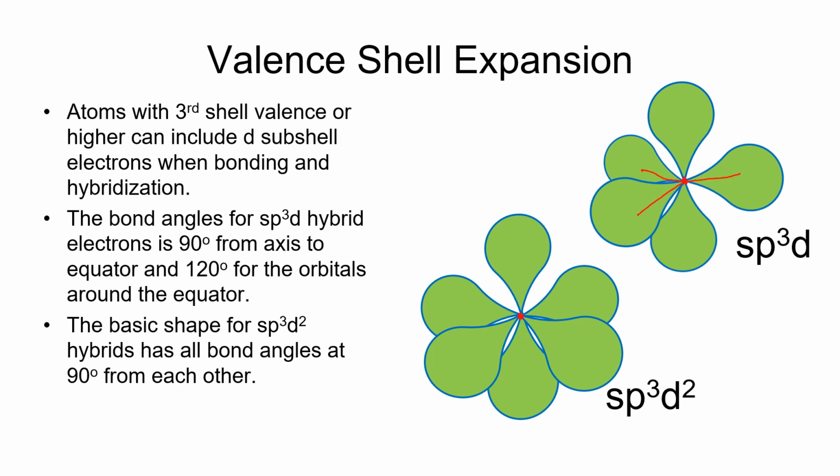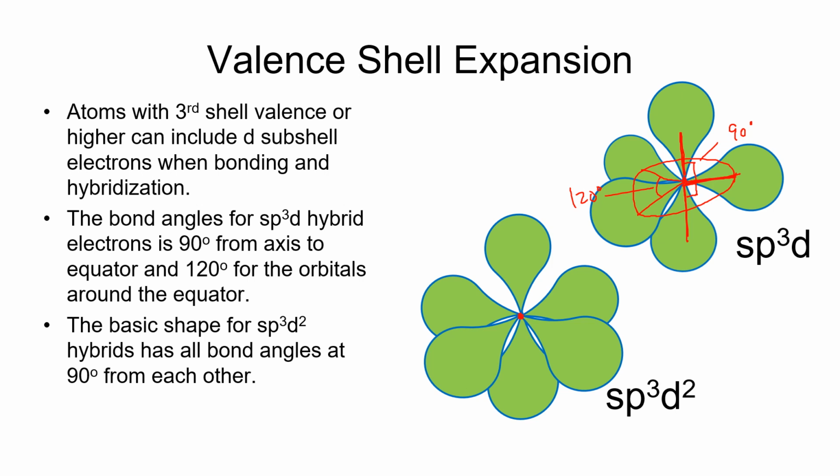Imagine a Mercedes-Benz symbol looking down from the top, and then 1 that goes up and 1 that goes down. So these are 90 degrees to the center plane, and the 3 around the center plane are all 120 degrees from each other, right? So you've got 90, 90, and 120 around the middle.